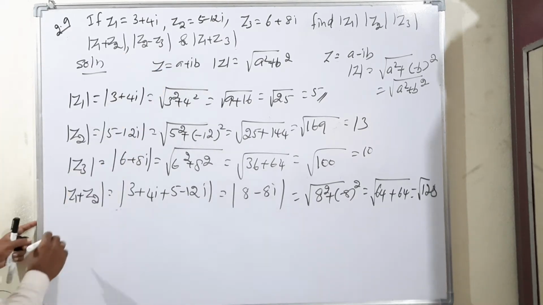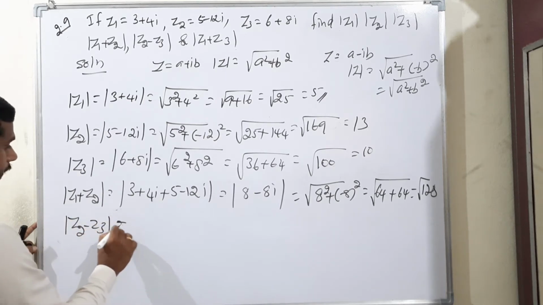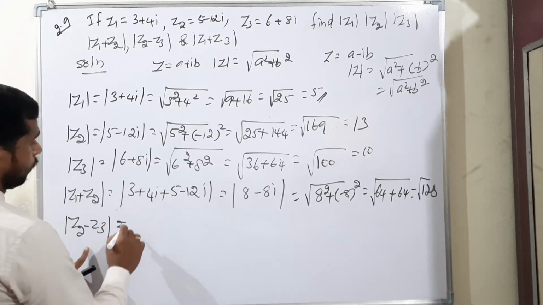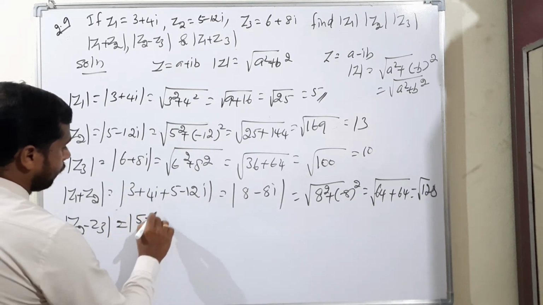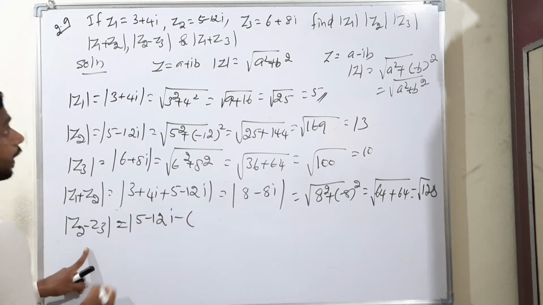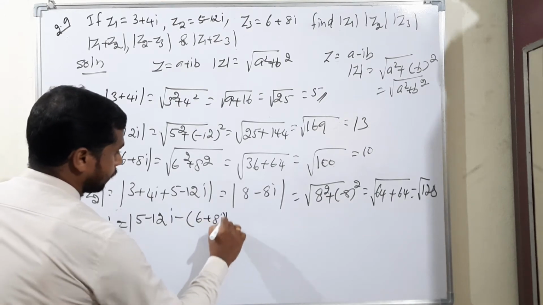Z2 minus Z3. What will happen? Z2 minus Z3 means the Z2 value 5 minus 12i, then minus, in bracket, the Z3 value 6 plus 8i.